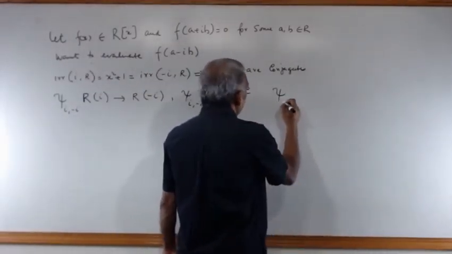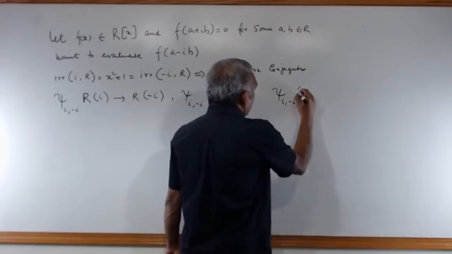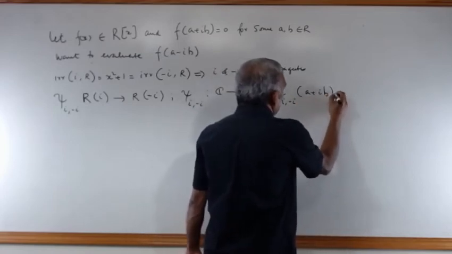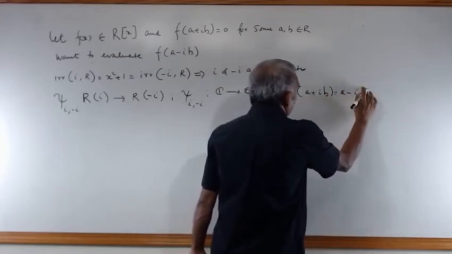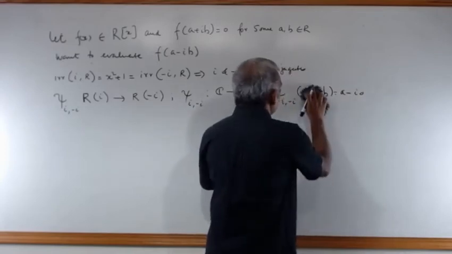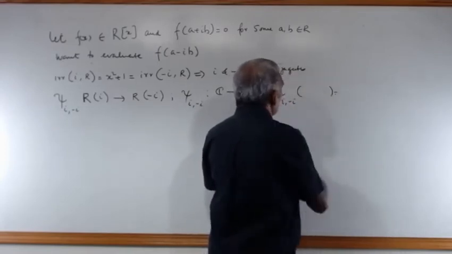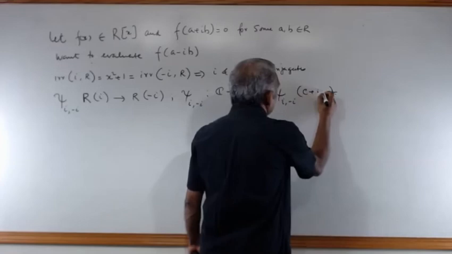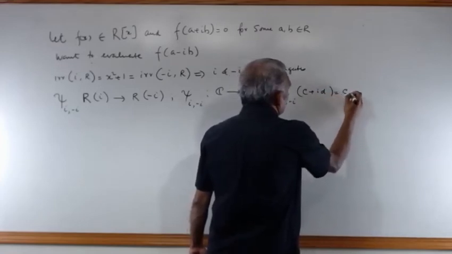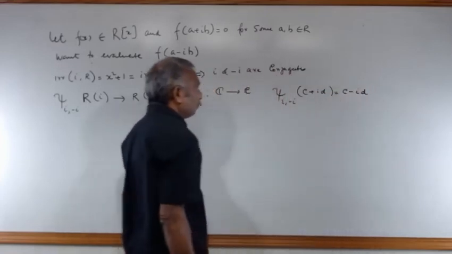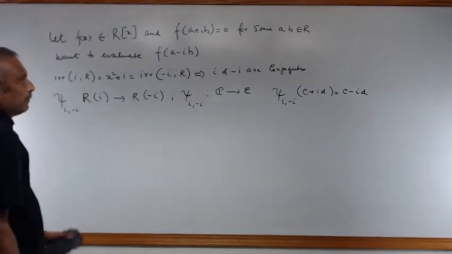Psi of a plus ib is equal to a minus ib; let us take this as cd, so psi of c plus id is equal to c minus id, by the definition of the conjugate isomorphism.